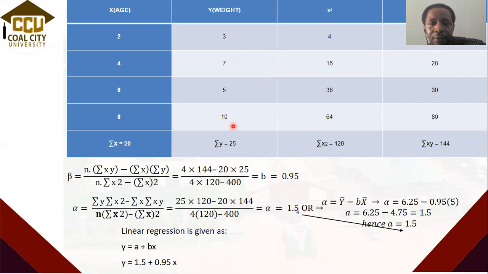And then 10. Let me make that adjustment so that it will be much clearer.